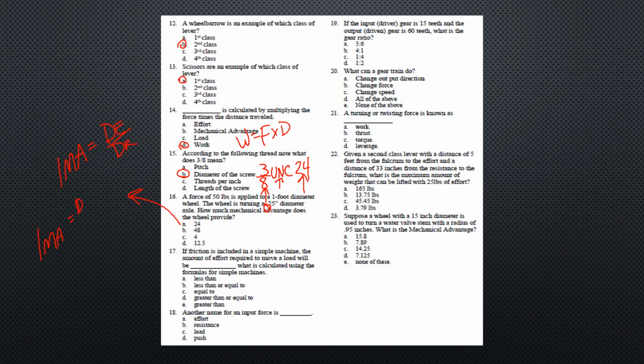So the dE is actually going to be pi times your diameter. The effort distance is going to end up being not 1 foot, but 12 inches. The reason it's 12 inches instead of 1 foot is because this part right here that I've kind of scratched out is in inches as well. It's 0.25 inches.